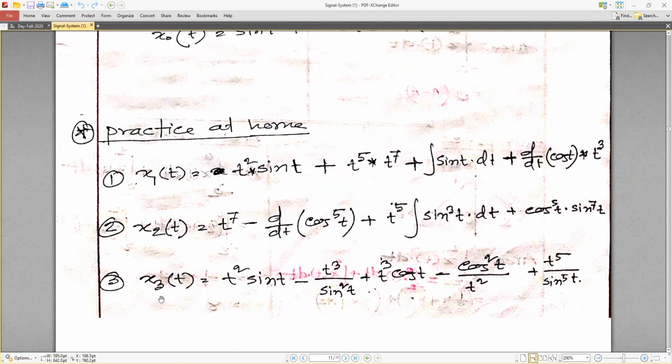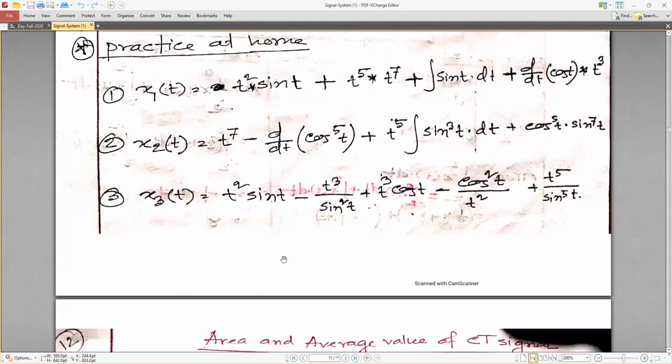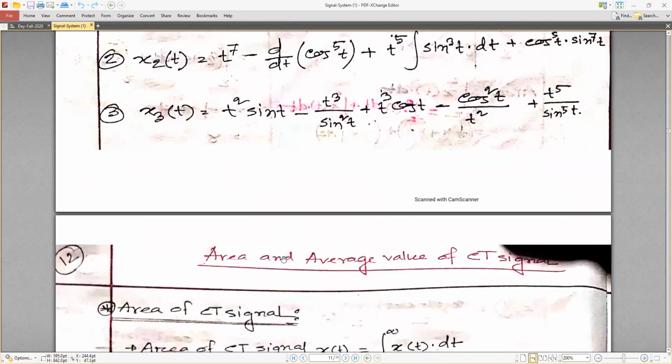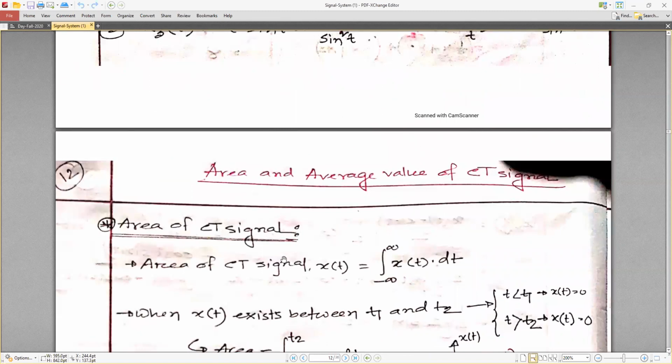And the third equation is there. So you can practice at home so that you get more idea about the properties of even and odd signals. So today that is our main topic.